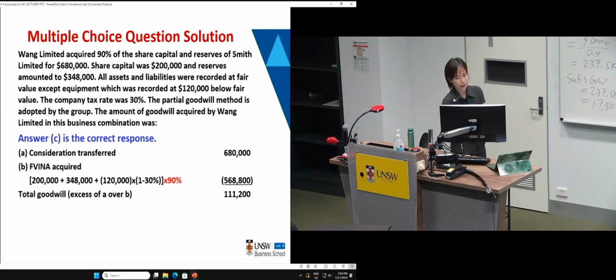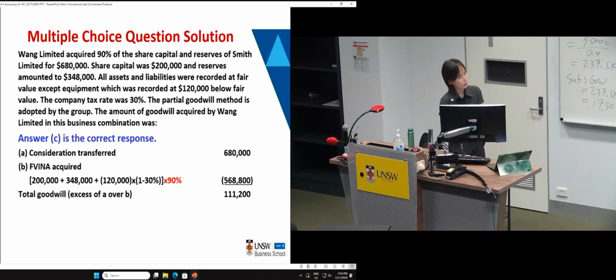Okay. And then we have to think about whether any fair value adjustment is required here. Now, one of the items, equipment in the record of the subsidiary, is 120,000 below fair value. So we need to prepare a fair value adjustment for this equipment. So 120,000 multiplied by 70%, your adjustment should be an after-tax adjustment, right? Now this is your fair value adjustment, net of tax.